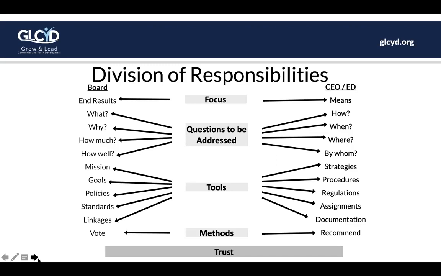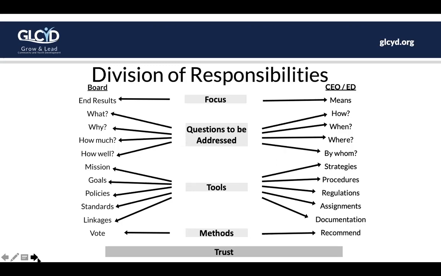So again, if you look at that board side, we're looking at end results. What happened and why did it happen? How much, how well? We're looking at really high mission, vision, goals, policies, and we use that method of voting to find consensus. On the staff side, it's a little more in the weeds.